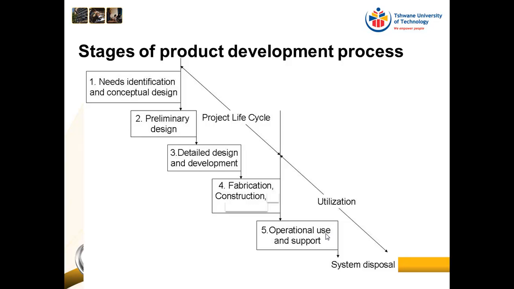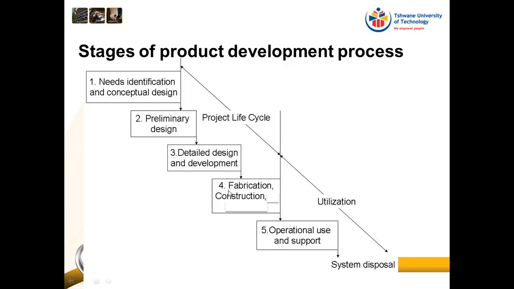Okay, and this is just the product development life cycle from the Nicholas and Stein book, which is your prescribed book. So here you can see they talk about your project life cycle and your utilization. Again, need identification and conceptual design, preliminary design, detailed design and development, fabrication and construction.